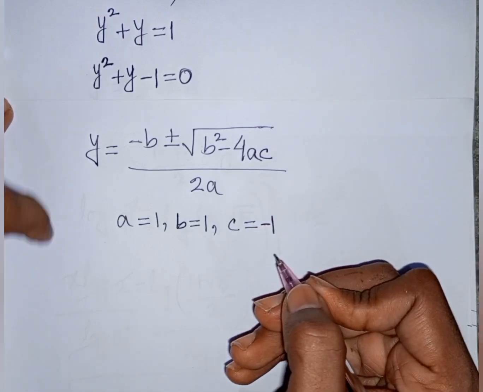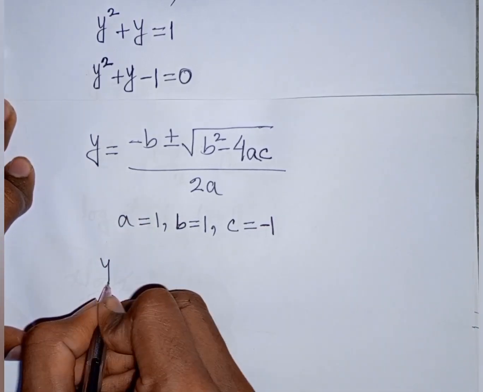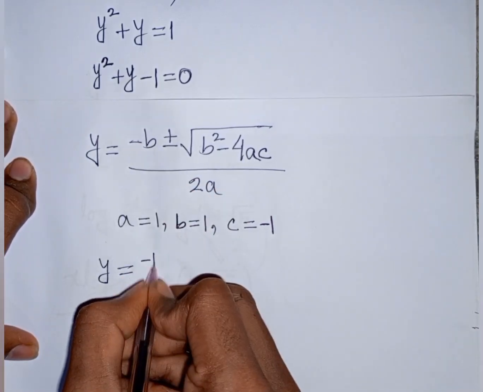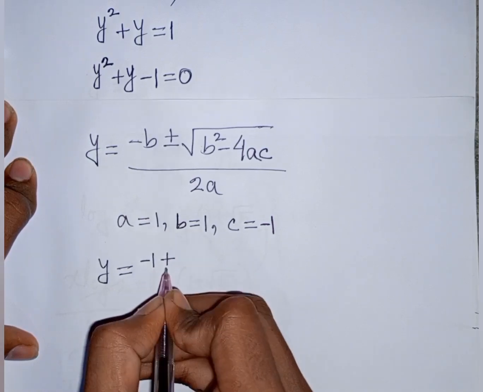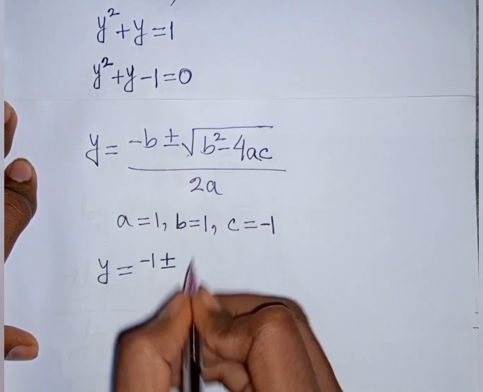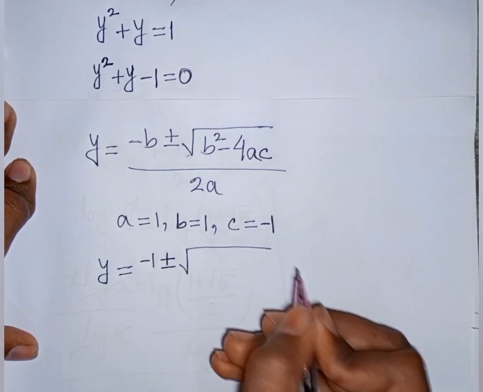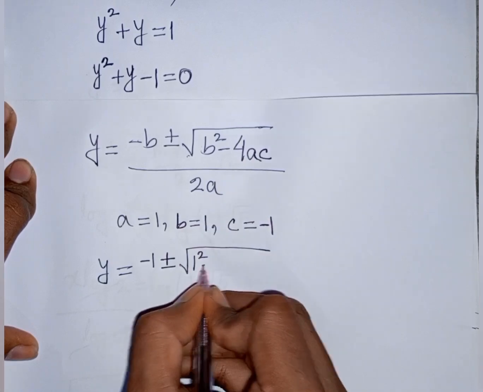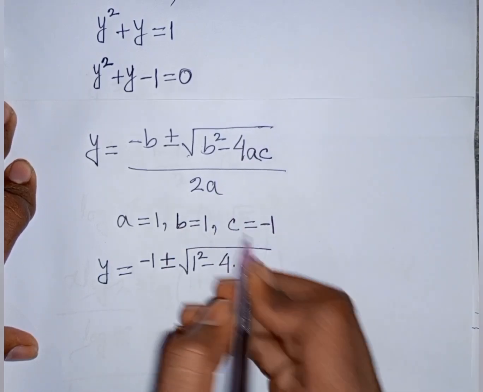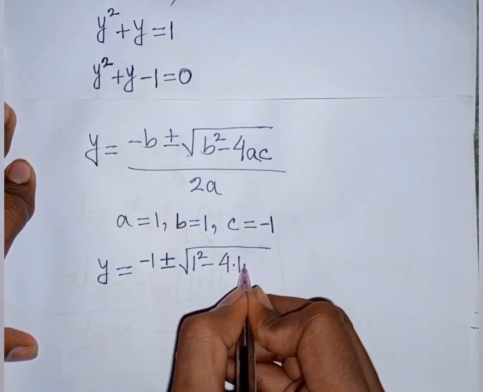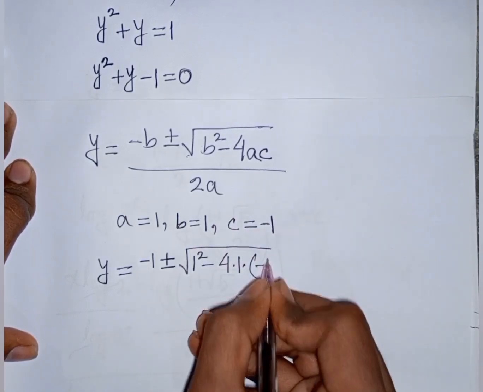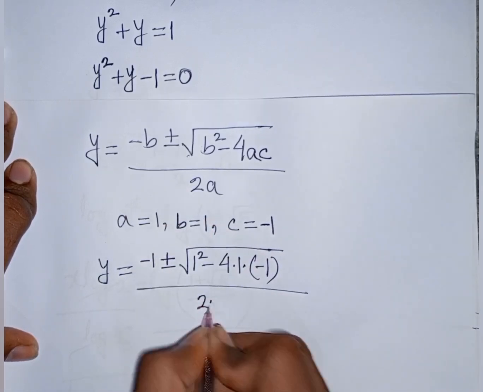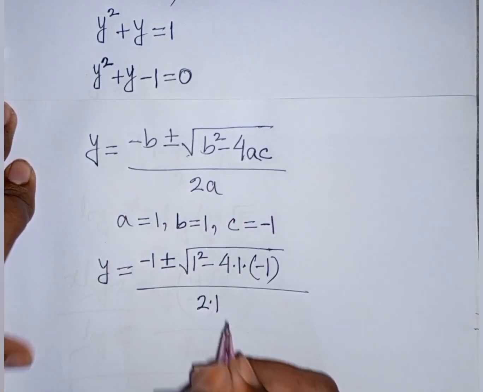Now I can write here y will be equal to minus b, that means 1, then plus or minus a square root of b square, that means 1 square, minus 4 times a, that means 1, times c, that means negative 1, then divided by 2 times a, that means 1.